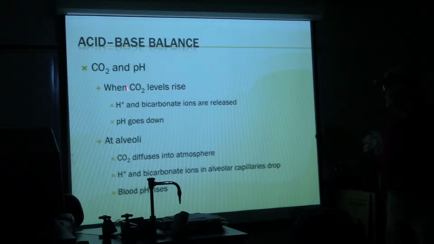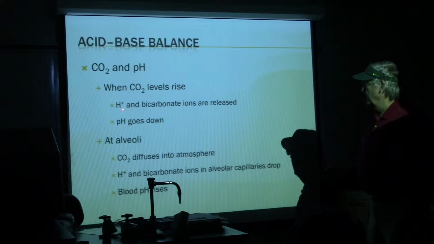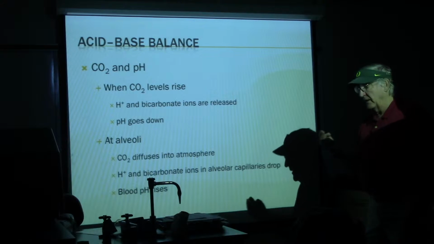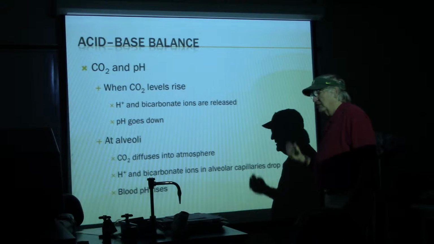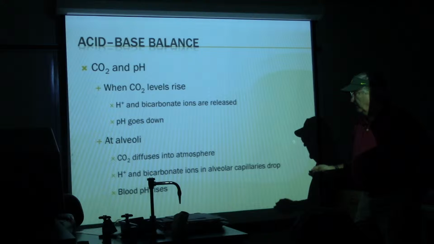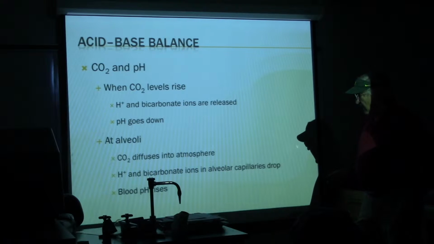When CO2 levels rise, hydrogen and bicarb ions are released and the pH goes down. If you're at the alveoli and you're ventilating, in other words, moving air in and out, then the CO2 can easily diffuse out into the alveoli and escape into the atmosphere.